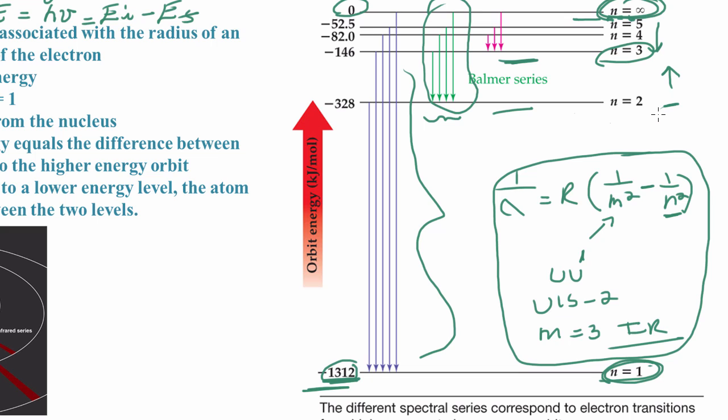So going back to absorption, how does an electron get to a higher energy state? In a hydrogen atom, the electron will reside in the lowest energy state, which is n equals 1. The lowest energy state is called the ground state.